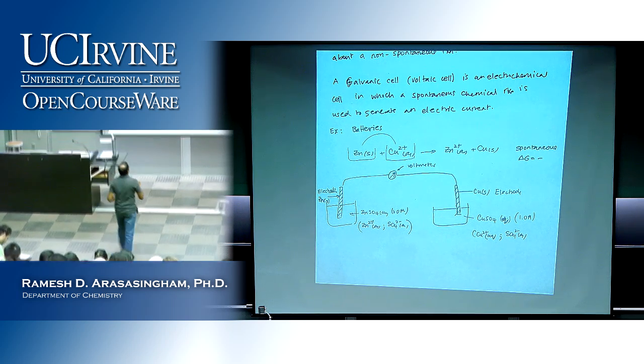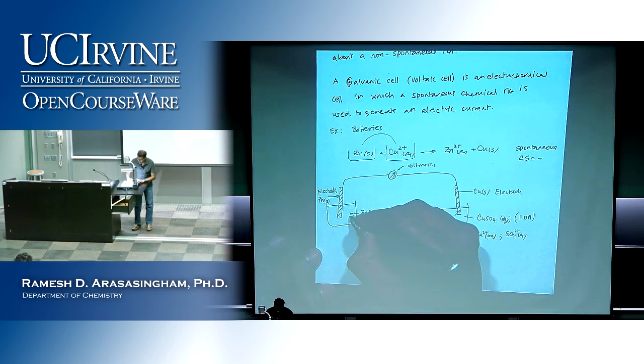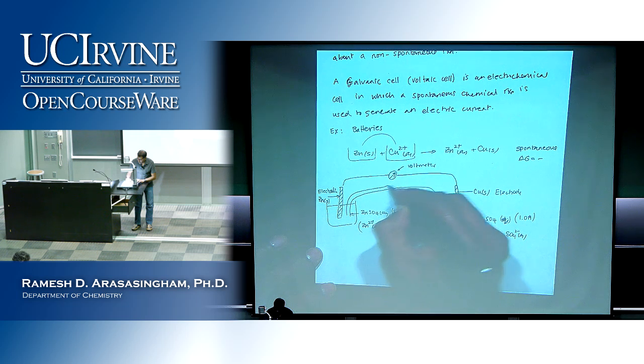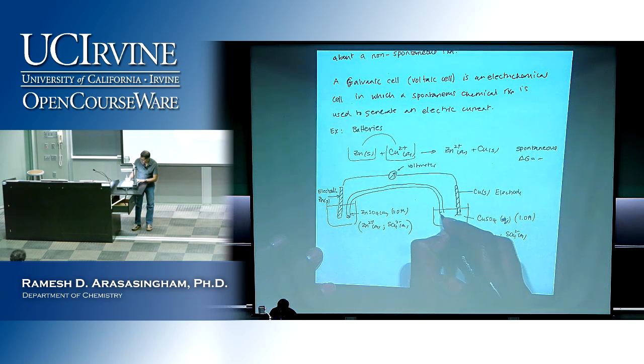And in order to complete this circuit, what we have is what we call a salt bridge. So this is a salt bridge. And a salt bridge essentially is a gel that's in that U-shaped glass tube. And over here, I'm going to put a cotton plug to prevent the gel from seeping out. All right?